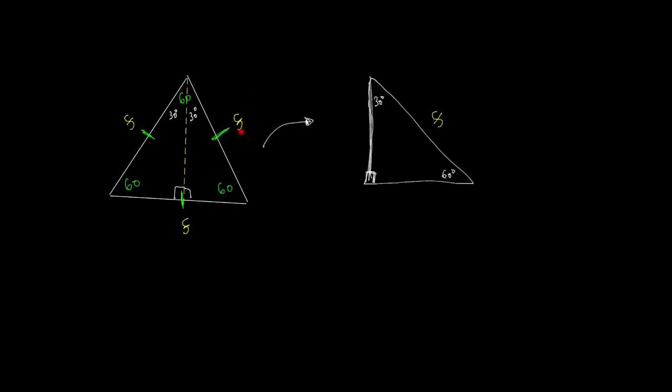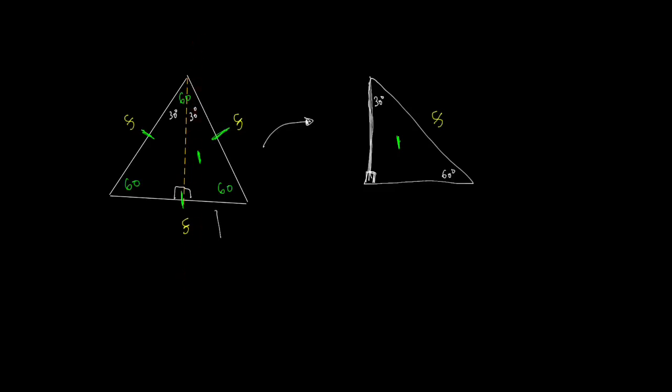I'm going to go ahead and extract one of these triangles. Once I extract this one, let's just call it triangle 1. You can see that I took with me that 30 degrees, that 90 degrees, and this 60 degrees. This length was S, so here we have S, but notice I cut this triangle in half.